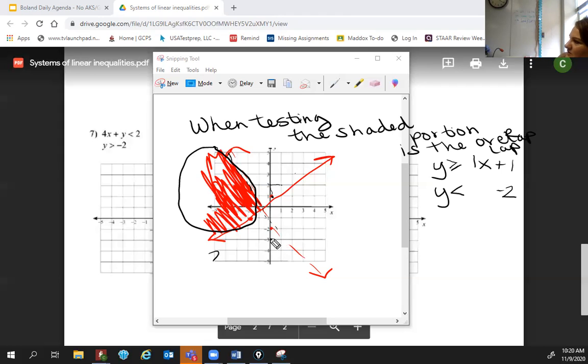So watch this. 1, 2, 3. It goes down 3 and then over 1. So my line's a little bit messed up. If I go down 3 over 1, what does that mean my slope is going to be? -3 over 1, what? x. Good job.